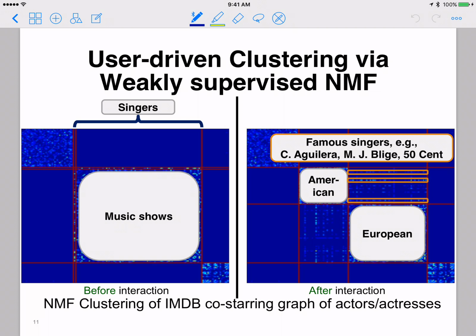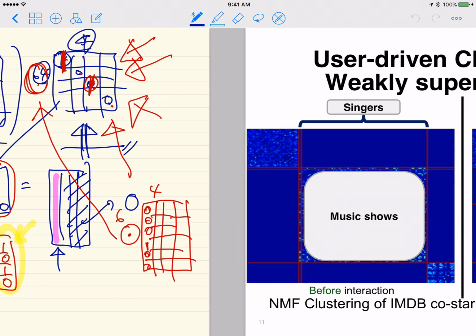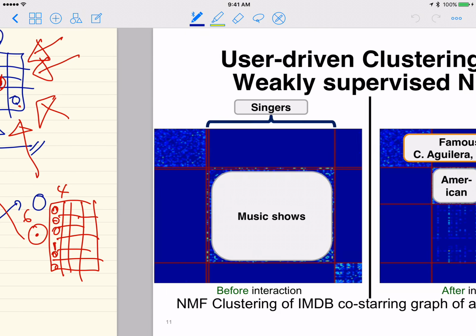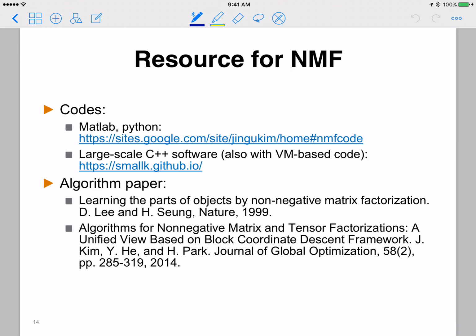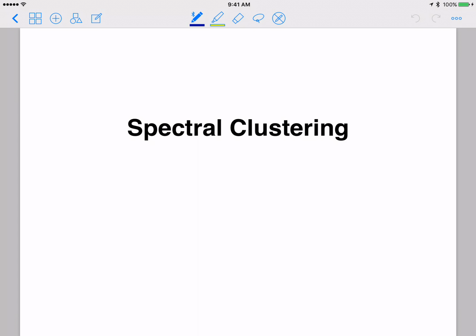In general, they can be viewed as a kind of user-driven machine learning or semi-supervised machine learning, where we can incorporate additional knowledge into these models. Okay, but I'm going to skip those examples and move on to the next algorithm, spectral clustering.